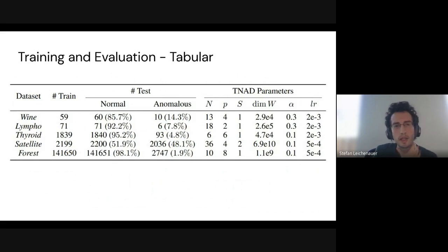More interestingly, you can look at tabular data, so data which has no spatial anything about it. And here are 5 tabular data sets. We looked at the same models on tabular data. We chose different parameters for the tensor network in these cases.